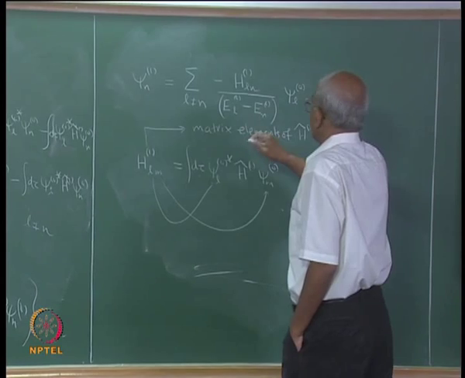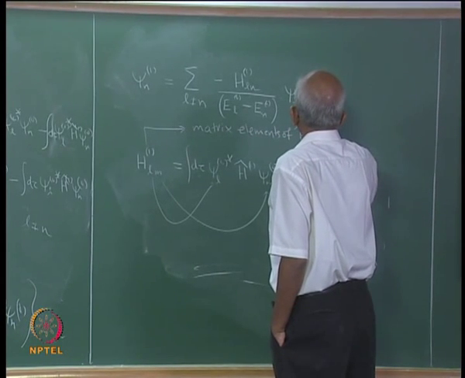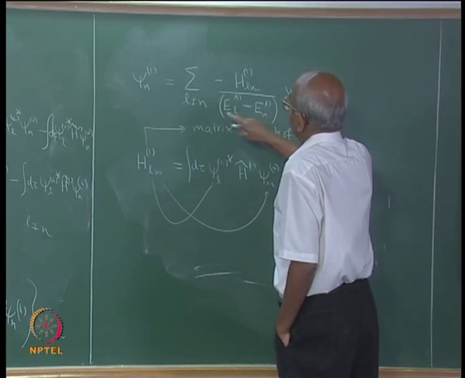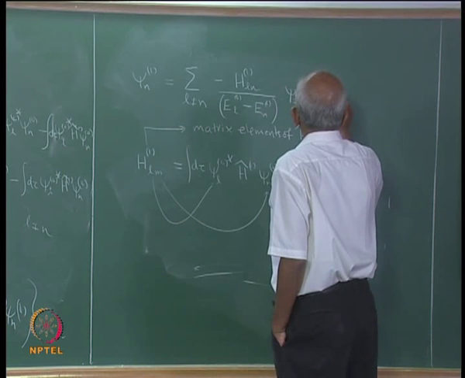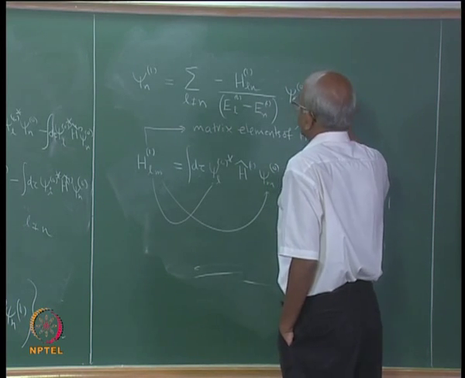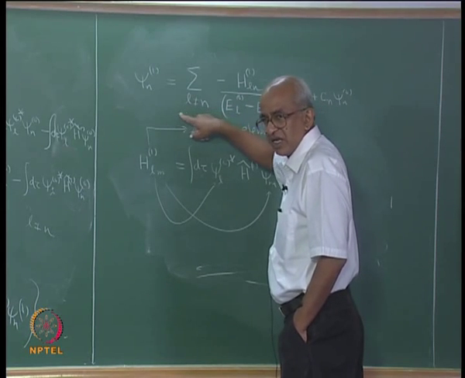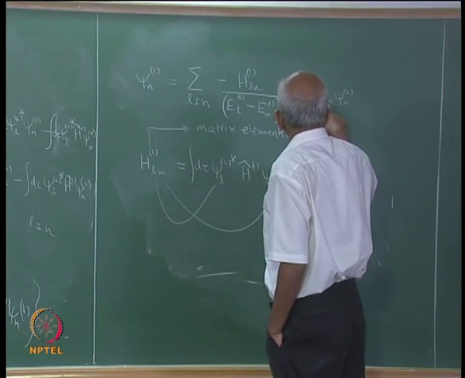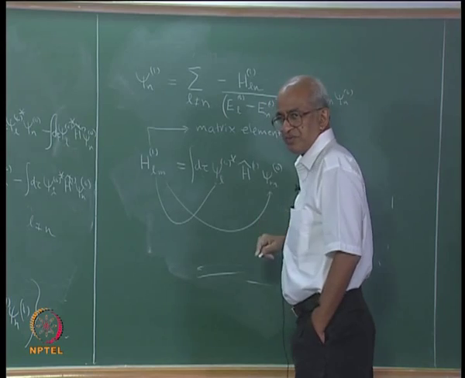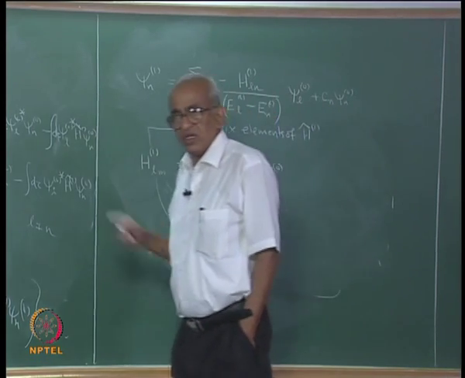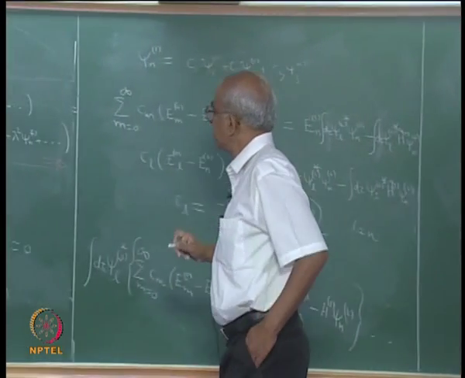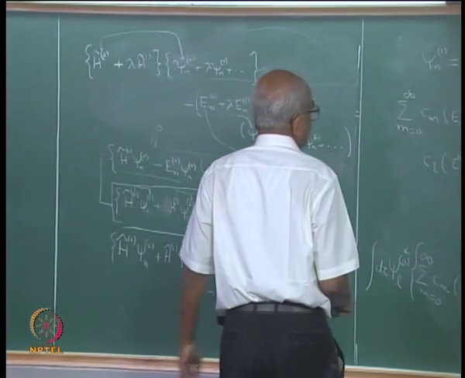Now, you may say, strictly speaking, you should have another term of the form Cn psi n0, because this sum actually takes care of all the terms except L equal to n. So, therefore, there should be a Cn times psi n0. That is how strictly speaking it should be, but then you will think of the total wave function.